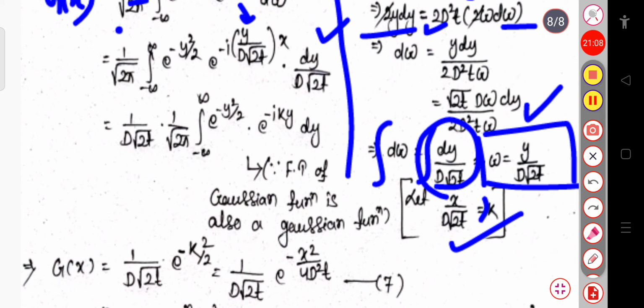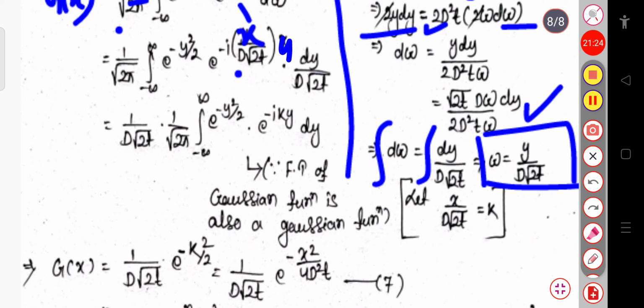In this bracketed term, we put this constant k, or p, whatever you take. So this will be x divided by d root over 2t into y, that is, minus i k into y.